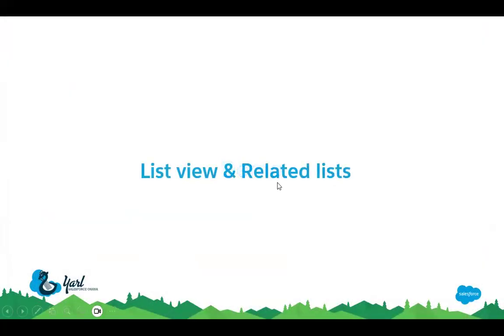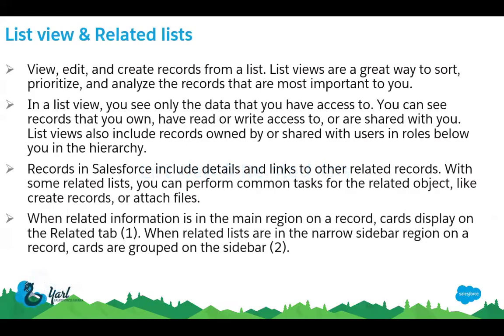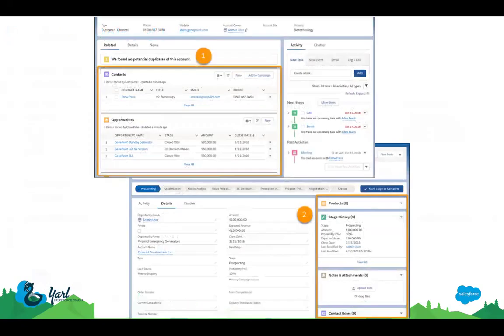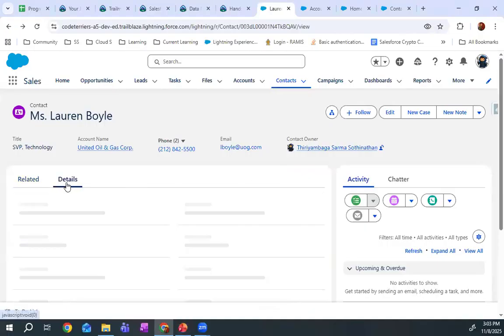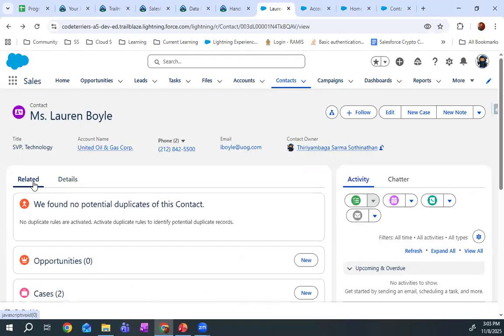List view and related list. So list view I have already discussed with you, right? What is list view? How you can select what are the fields you want to see in a list view. Likewise, so this is the detail page. This is related tab.